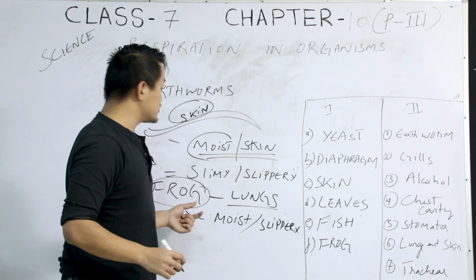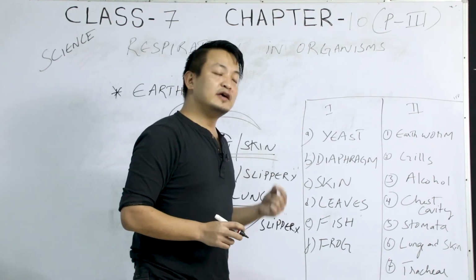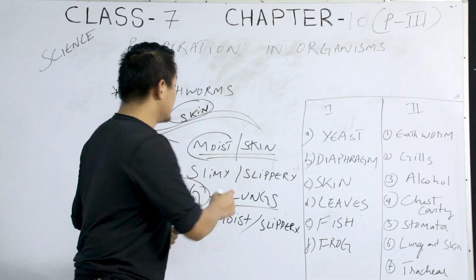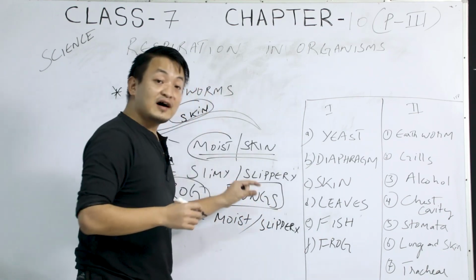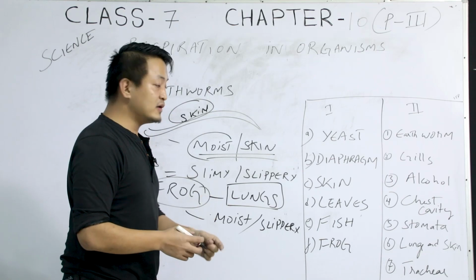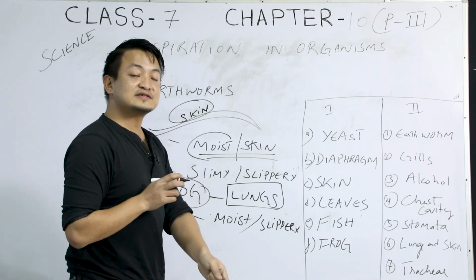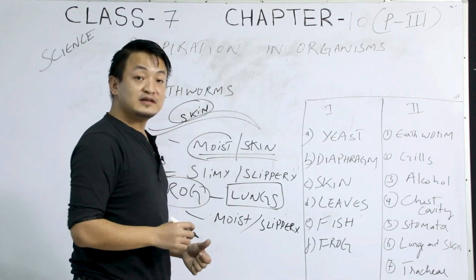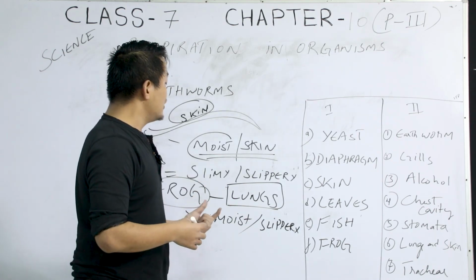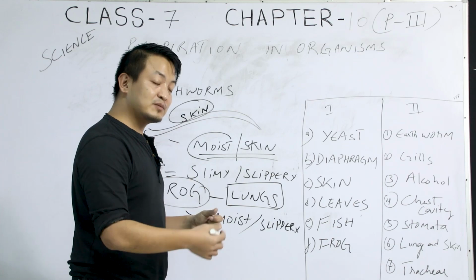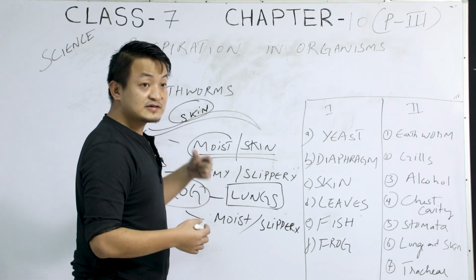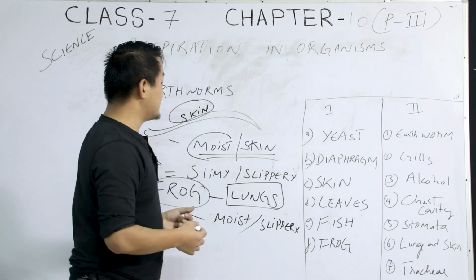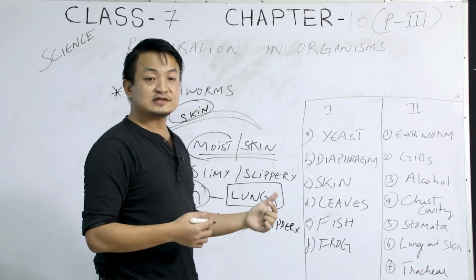That's why frogs can breathe even through their skin as well. Since they also have a pair of lungs, respiration can take place in both ways, through lungs or through the skin. The reason is the same as in the earthworm: they have a moist skin and it is slippery.